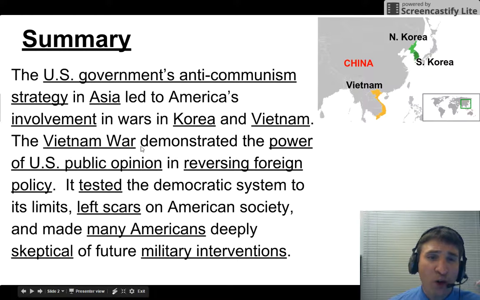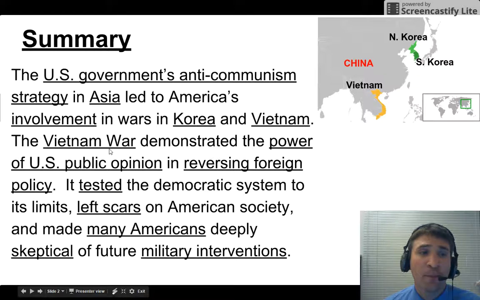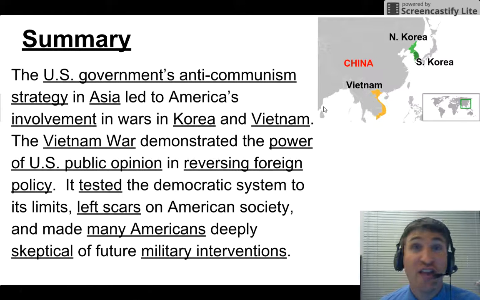The Vietnam War demonstrated the power of U.S. public opinion in reversing foreign policy. It tested the democratic system to its limits, left scars on American society, and made many Americans deeply skeptical of future military interventions. Both of these wars did not go very well for the United States.